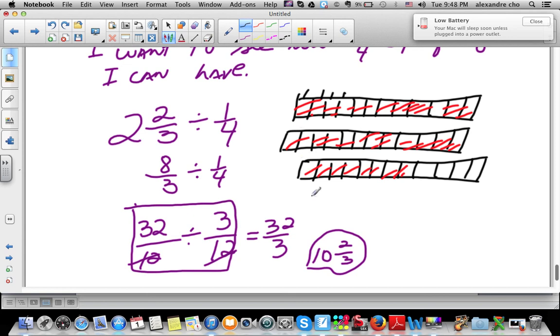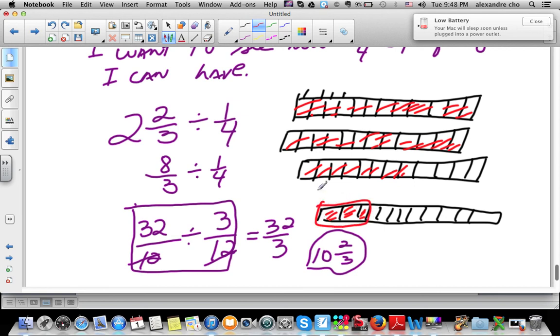And you want to see how many times. I'll draw another 12 again. 1, 2, 3, 4, 5, 6, 7, 8, 9, 10, 11, 12. I want to see how many times these guys can go in there. So it would be 1, 2, 3. Alright, so you got groups of 3 here.